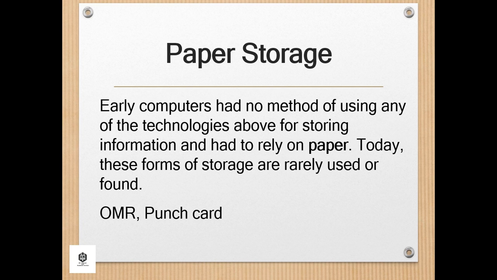Early computers had no method of using any of the technologies above for storing information and had to rely on paper. Today, these forms of storage are rarely used or found. Examples of the paper storage are OMR and punch card.